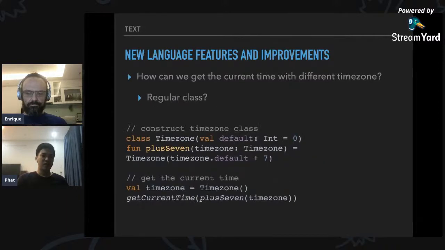What if we use a regular class? So, a very simple implementation. Here we can construct a class that takes a default time zone of 0, right? And also we have a function which is +7 here. So now we are based in Vietnam, and in Vietnam the time zone is +7.